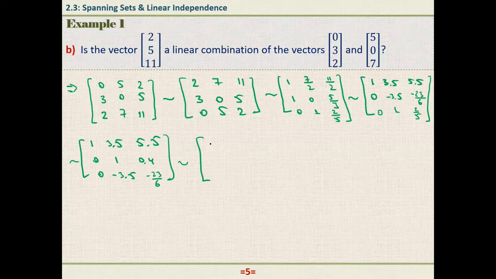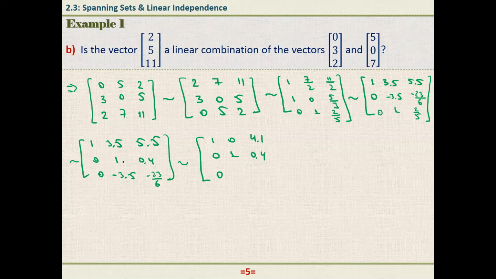Okay, so here we have 1. Multiply the second row by 3.5 and add to the first row. So here we will have 0, and minus 3.5 times 0.4, and we just add 5.5, which is equal to 4.1, and here we have 0.4.